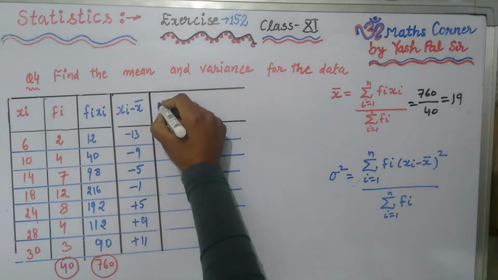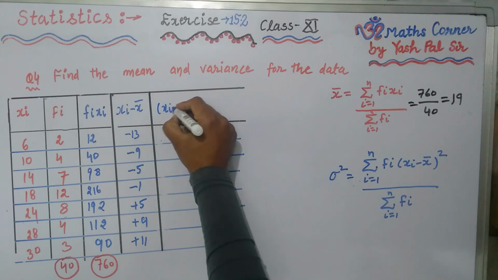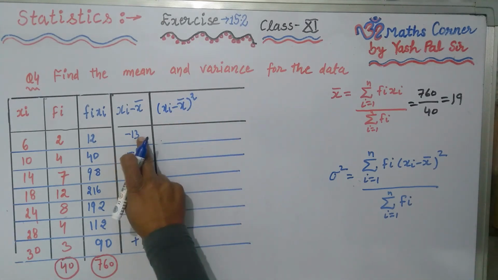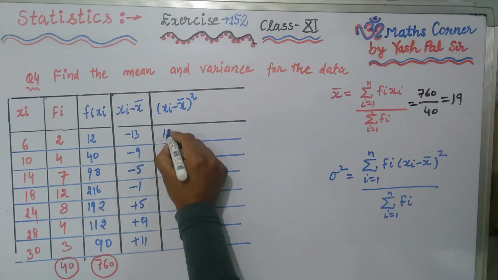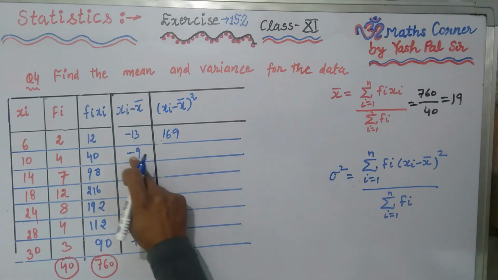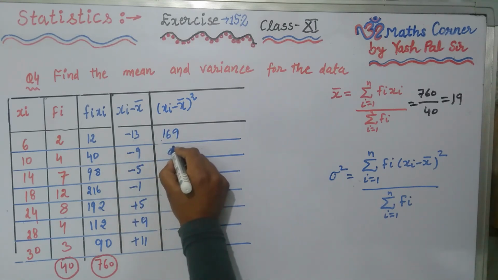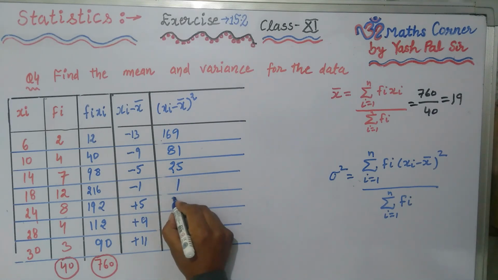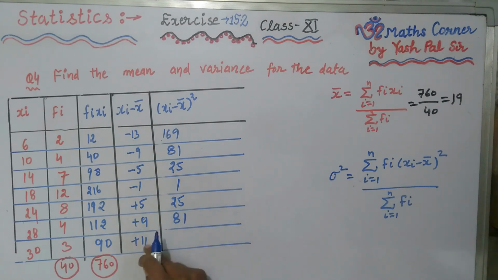Now we find xi minus x bar, its whole square. 13 whole square is 169, 9 whole square is 81, 5 square is 25, 1 square is 1, 5 square is 25, 9 square is 81, 11 square is 121.